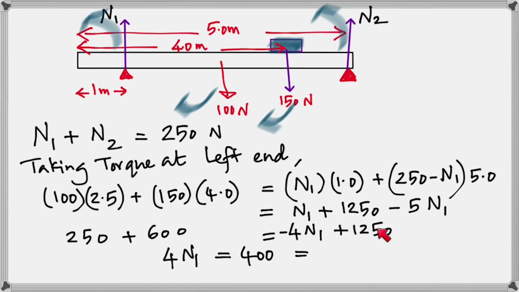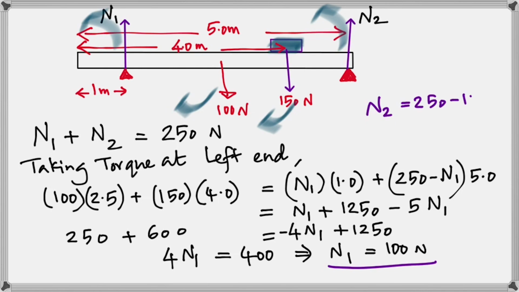So 1,250 minus 850 is 400, and you can check it in your calculator. N1 is 400 by 4, which is 100 Newton. If I get N1, I can find N2, because I know N2 is 250 minus N1. That gives you 150 Newton.